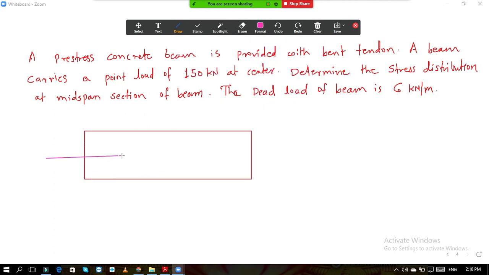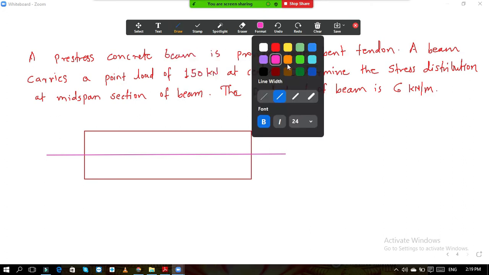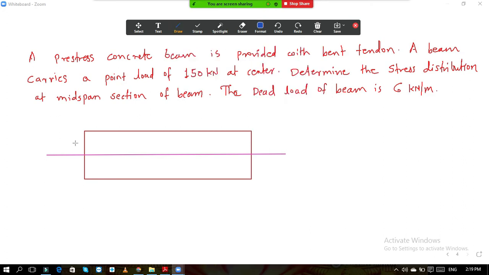Here it is the neutral axis. Then bent profile tendon. This is the tendon profile. This type of tendon is given.